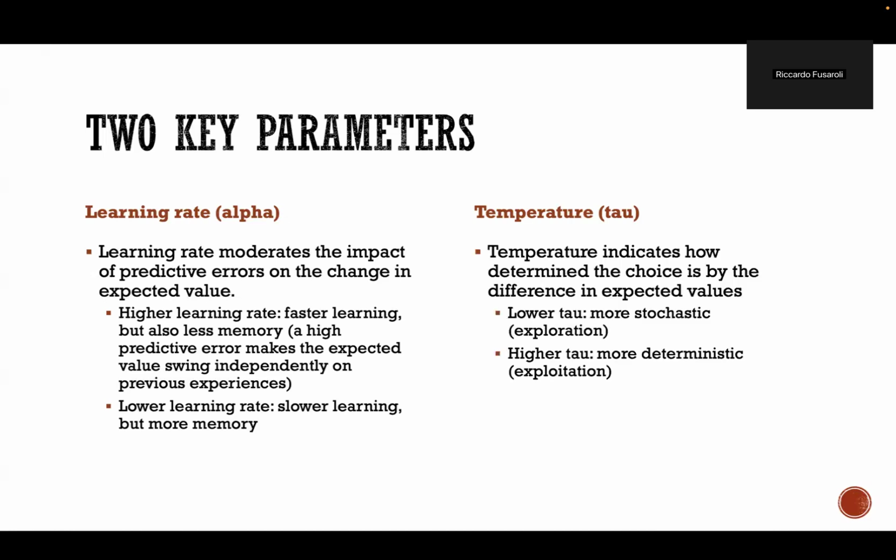The second parameter is related not to the estimation, but to the decision, to the implementation of the decision, right? We have an expected value of picking right versus left, but how determined we are by the difference in expected value depends on the temperature. The higher the temperature, the less determined we are, meaning we keep exploring.